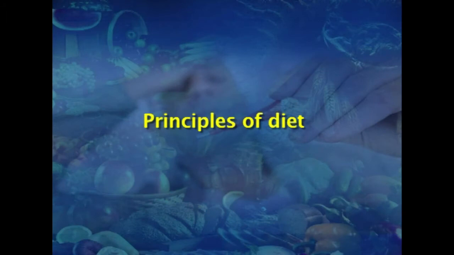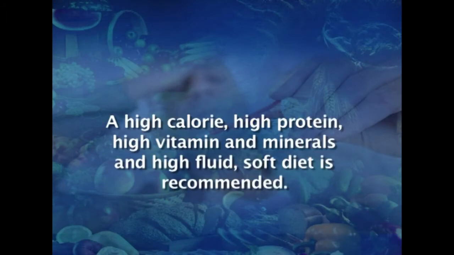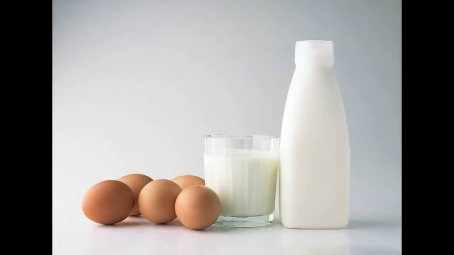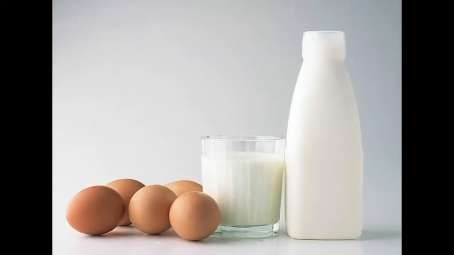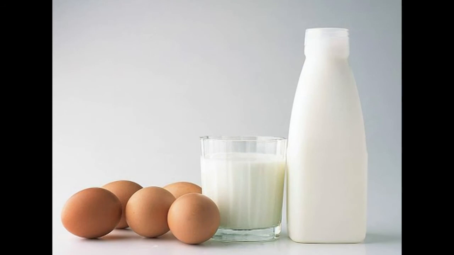So, what are the principles of the diet? A high calorie, high protein, high vitamin and mineral and high fluid diet which is soft in texture is recommended, along with 1 liter of milk and 3 to 4 eggs per day.